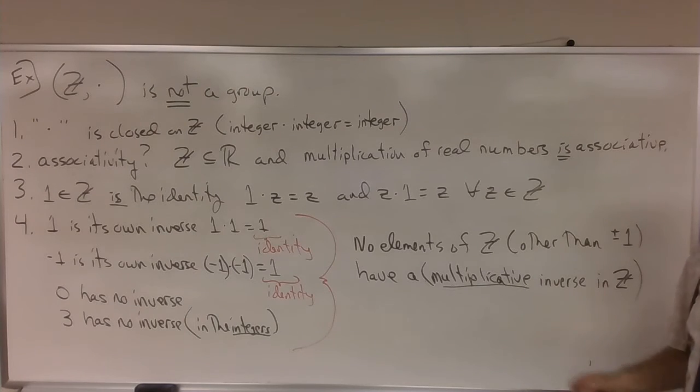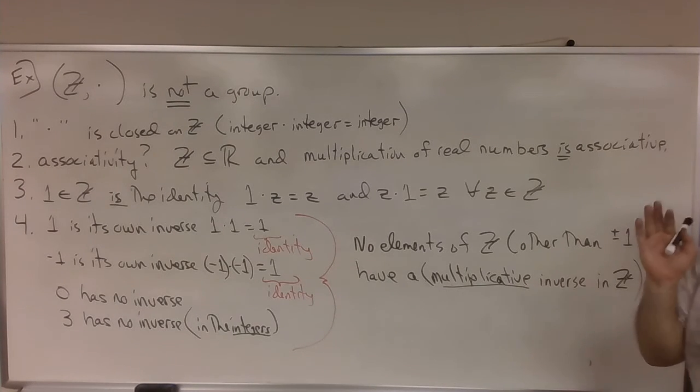So that's why the integers under multiplication fail to be a group.